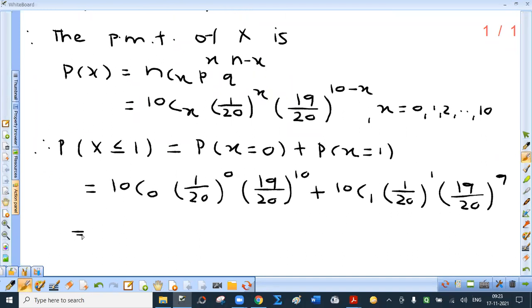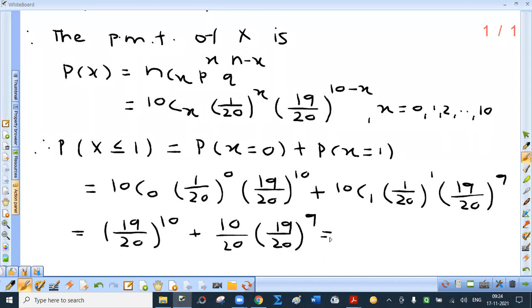So how will you simplify this? This is basically 10C0 is 1, 1 by 20 raised to 0 is 1. So this is basically 19 by 20 raised to 10 plus, what is that? 10C1, 10. So 10 by 20 into again 19 by 20 raised to 9. Okay.